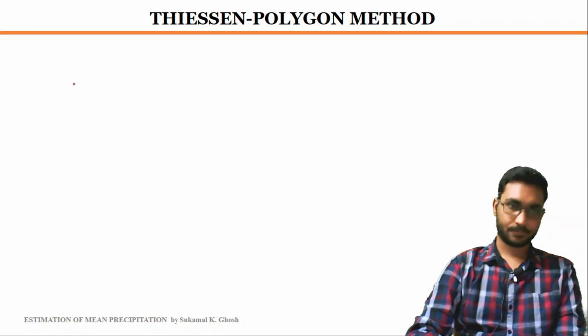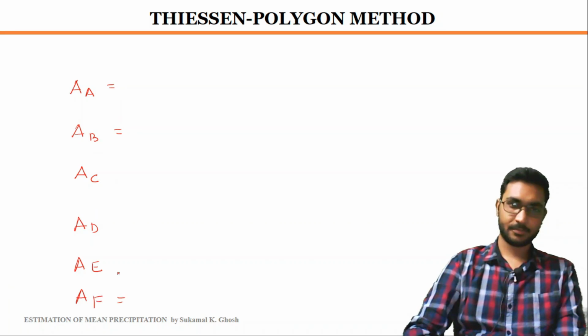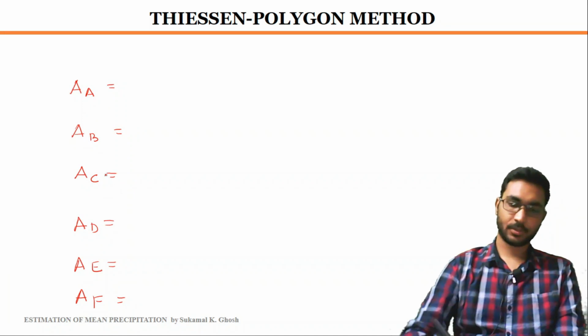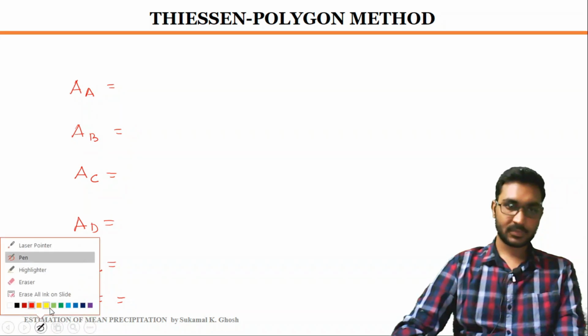Now let me write it in a fresh way. We have area AA, AB, AC, AD, AE and AF.